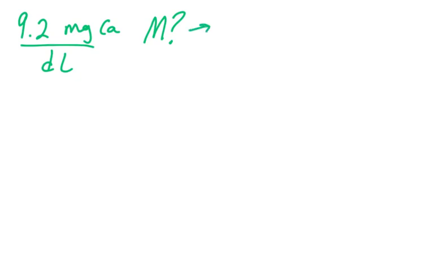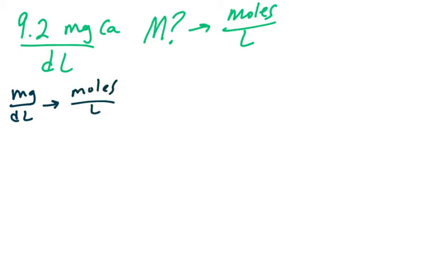Molarity, remember, is moles per liter. Okay, so we want to go from milligrams per deciliter to moles per liter. You can do this as two separate things, right? We could take milligrams to moles and deciliters to liters and then bring them back together.